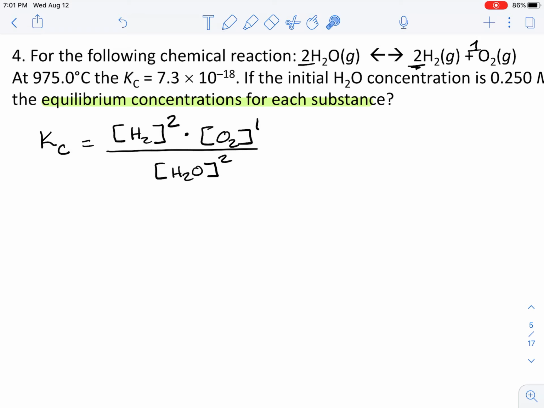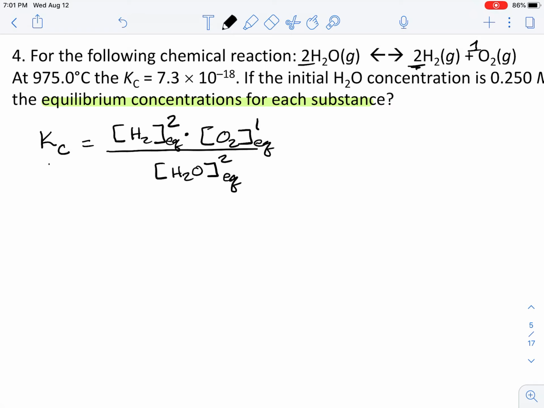Now, like what I mentioned before in the previous problem, if we're using the equilibrium constant, whether it's Kc or Kp, then it's basically describing that every single one of these substances is at chemical equilibrium. So I'm just going to put an EQ to remind myself that these are equilibrium concentrations.